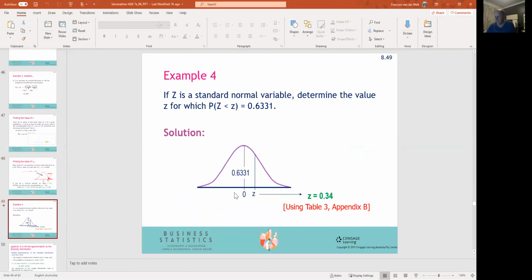Here again, if Z is a standard normal variable, determine the value of z. If you want to determine the value of z, you use the NORM.INV function. Do you want me to do this in Excel quickly? Yes, please.